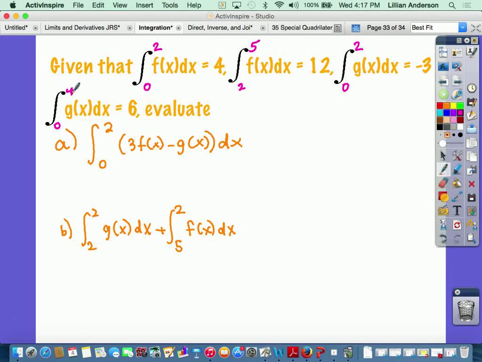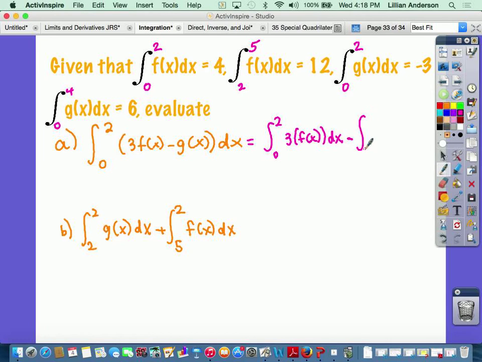So if you look, we have the integral from 0 to 2 of 3 times f of x minus g of x dx. Well, there's a minus here, so remember we can use that one property that basically separates the two functions.